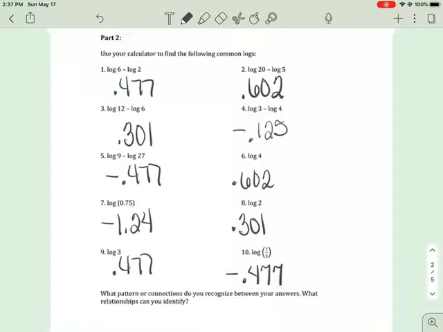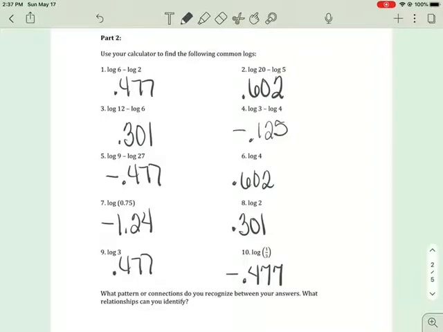Okay, so let's see if we can find some relationships here. I have log 6 minus log 2 and log 3. Wait a minute. So what's the relationship between 6 and 2 and 3? It seems like it's division. Let's check it out.